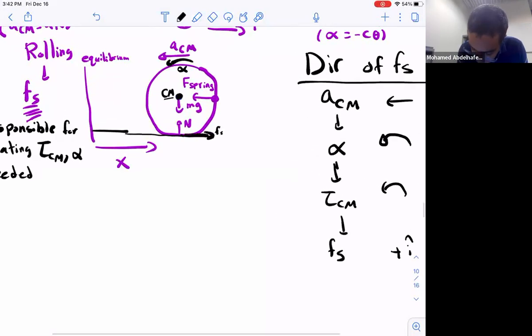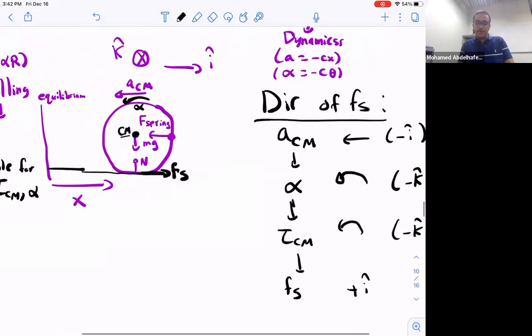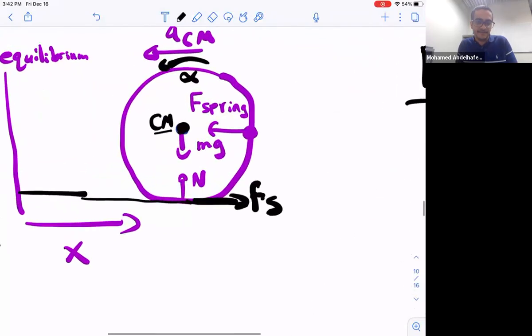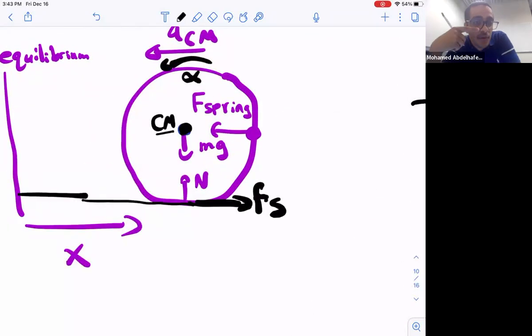That's static friction. And now we've completed our free body diagram. So spring force towards equilibrium, gravity, normal force as usual, and static friction in this orientation just to make the necessary alpha for rolling without slipping. Now we can move on with the problem, but this is the static friction direction. Any questions about this example?